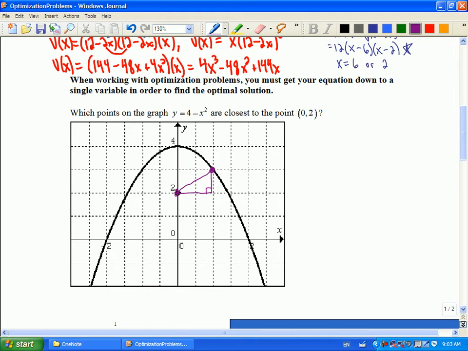Root 5. Okay, so Jem just said that it's 2 here, 1 here, so 2 squared plus 1 squared is root 5. Distance. We're talking about distance, so the distance formula is our tool. If you've forgotten how that works, the distance is root of (x2 minus x1) squared.